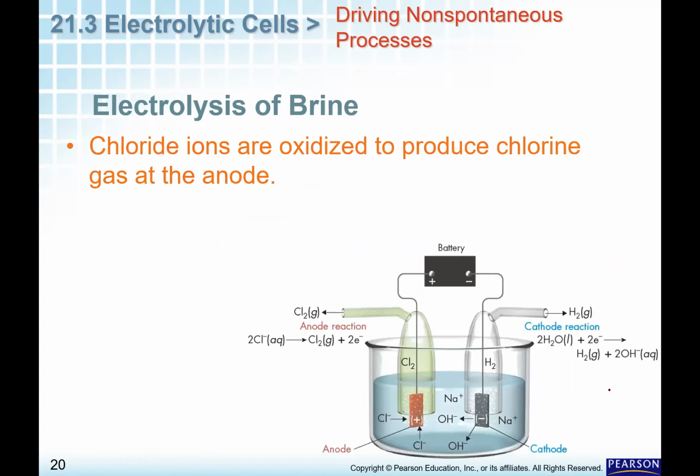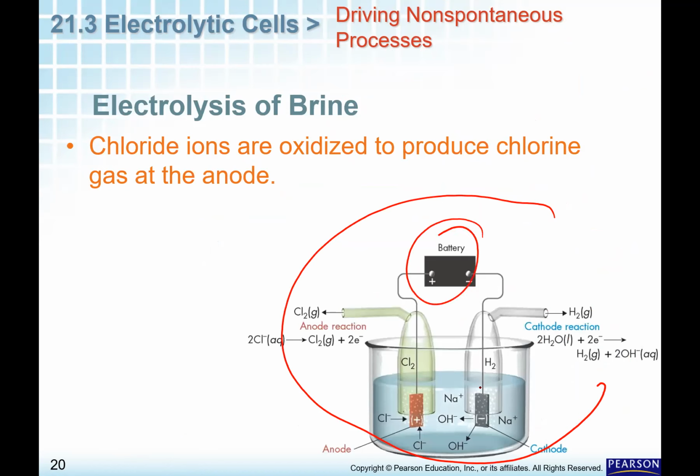So this is the setup. Basically, we're going to add a lot of sodium chloride into the solution, to make it a brine solution. Then we apply power through the plates, and you will notice that a lot of bubbles will start coming here. When they check that, they found this is chlorine gas and that is hydrogen gas.